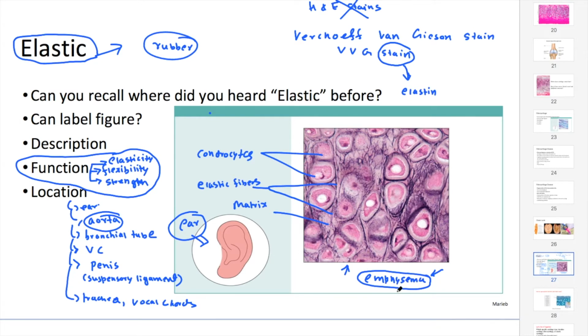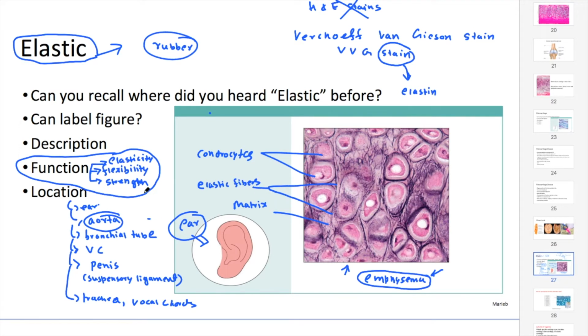We have to think about this condition. We have to think about compliance, right? So that's why emphysema is really important, and we'll talk about this pathophysiology in future lectures also.